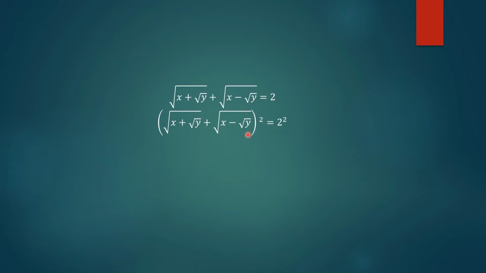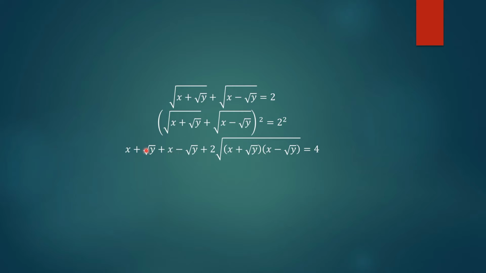Now using the binomial expansion for the left hand side, we'll have this. And if you have any problem with a binomial expansion, let me know in the comments below. So after the binomial expansion, we'll have this.